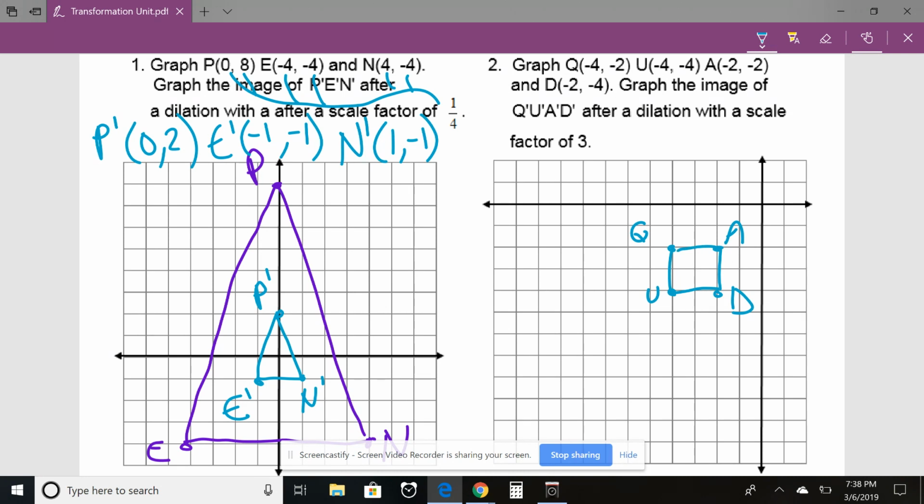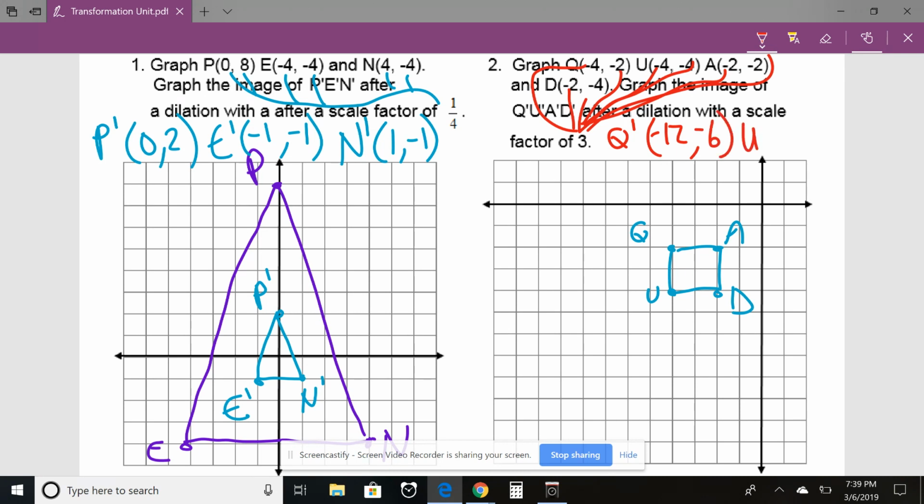Now I'm going to multiply every single number by the scale factor, which is 3. So you're multiplying every single number in each of the coordinates by 3. So my Q prime is going to be -4 times 3, which is -12, and 3 times -2, which is -6.